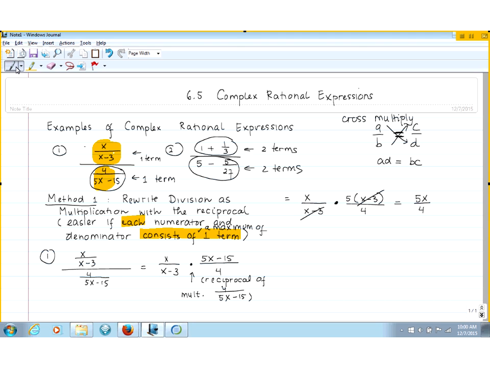6.5. All right. How about this? 8 minus x divided by 10x over 16 plus 7x squared over 2x squared.